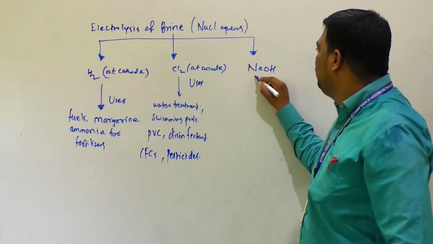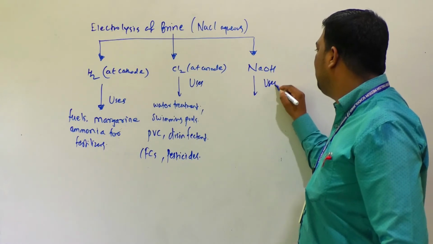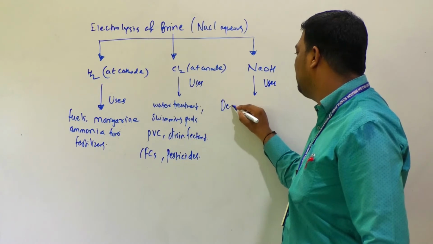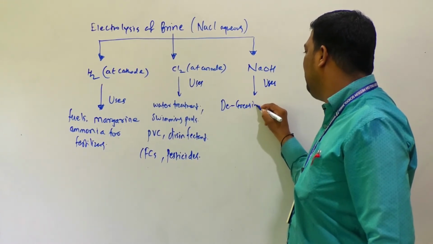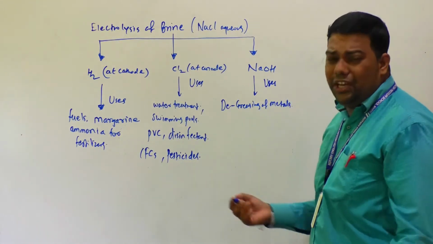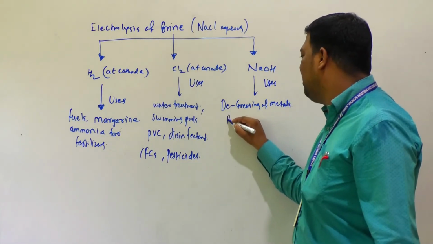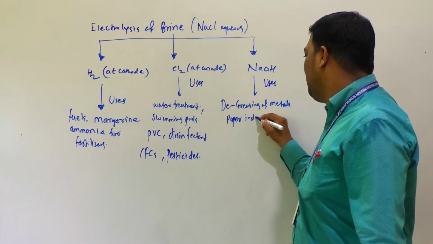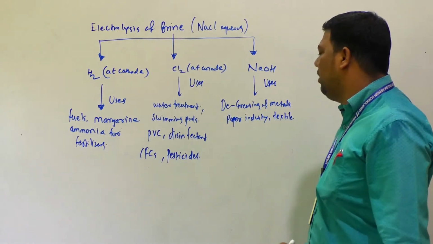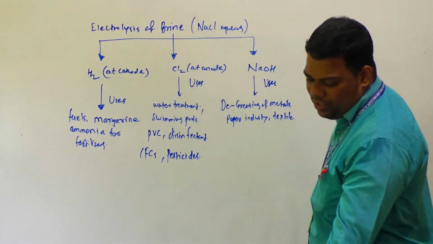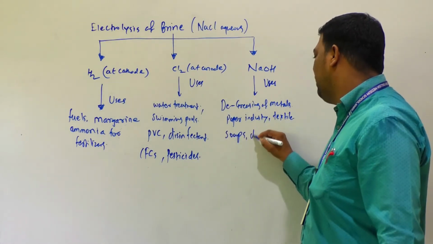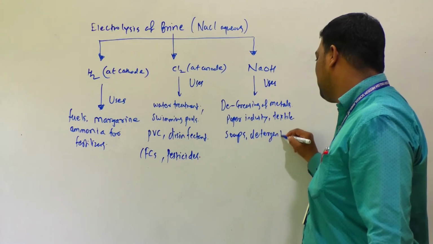Now NaOH. Uses of NaOH we can write: degreasing of metals, that is cleaning of metals. NaOH in the paper industry, textile industry, in making soaps, then detergents.